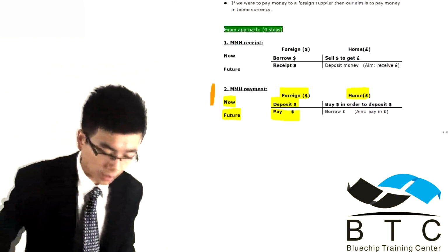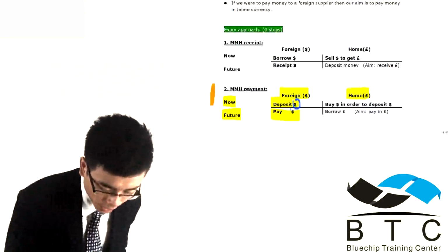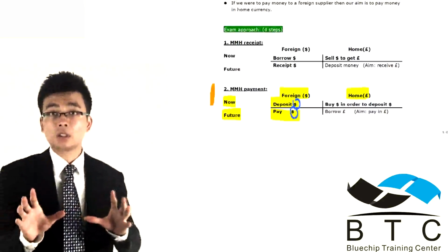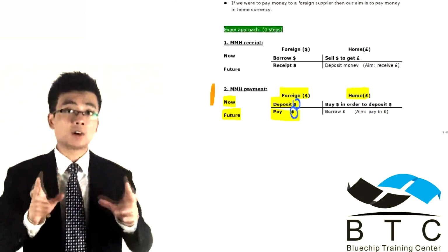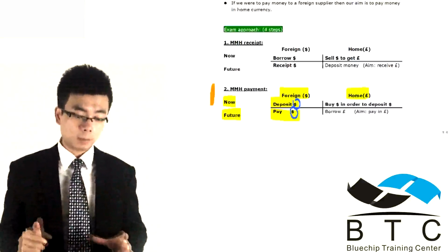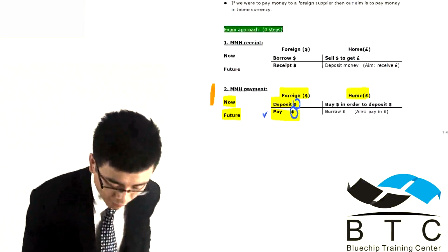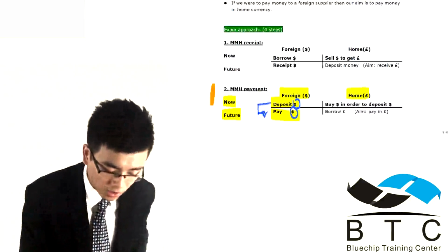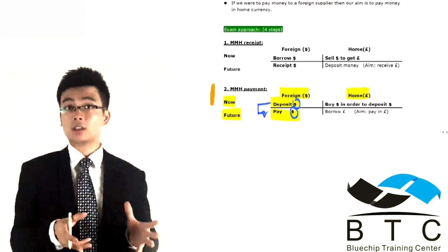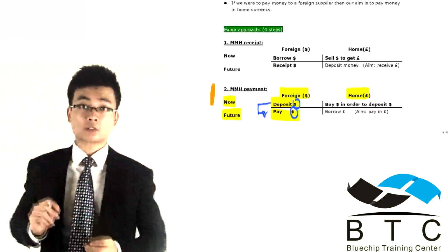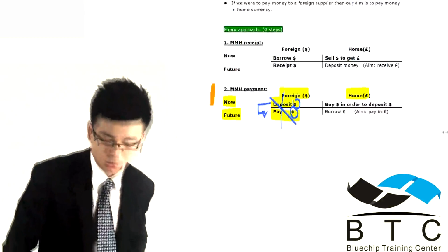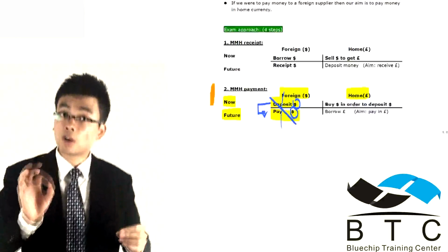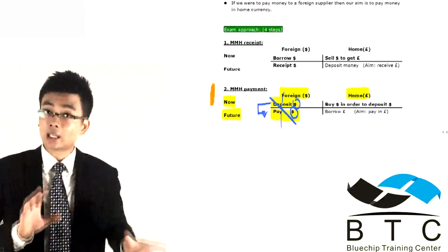You can see here the dollars will be the same because it will be in the foreign market here. By doing so, you can eliminate any of this foreign exchange rate risk. Because once you have to pay the supplier at some point in the future, you're going to use that deposit denominated in dollars to pay off against those dollars. And by doing so, you can have no foreign exchange rate risk anymore.